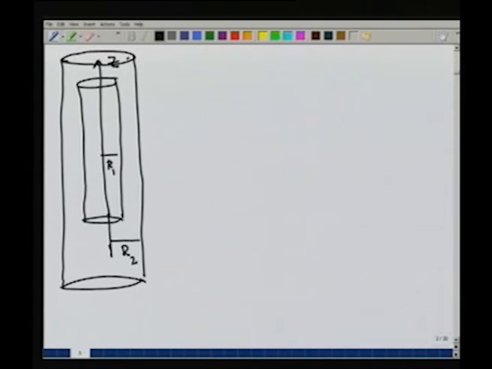What I now do is to fill the space between the two cylindrical surfaces with a charge density. So rho is not equal to 0 here, and of course in the inner region rho equal to 0, and in the outer region rho equal to 0. So this is an example where my rho is existing only in between the inner cylinder and the outer cylinder.